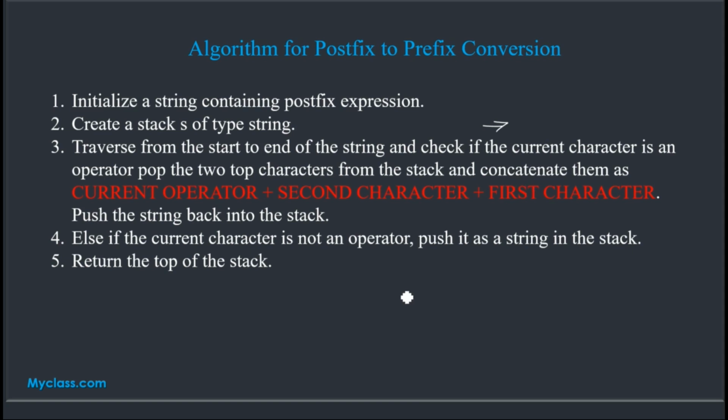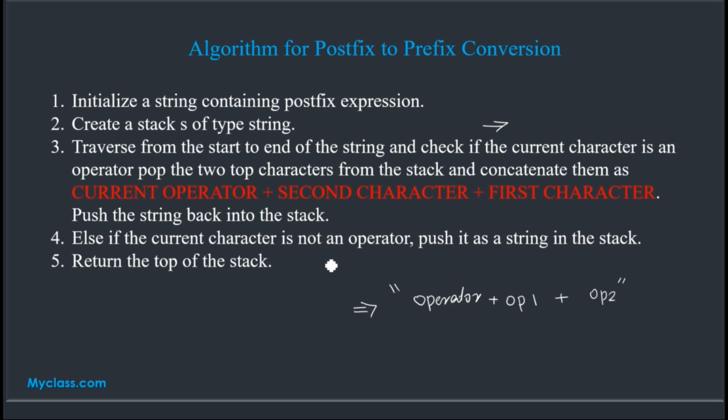That current operator we add first, then the first popped character as operand 2 and the second popped character as operand 1. Like this we are concatenating and making a string: current operator plus second character plus first character. Then put that string back into our stack.